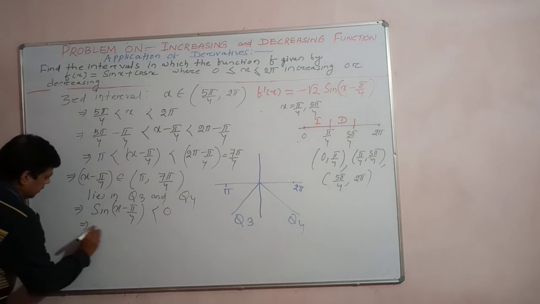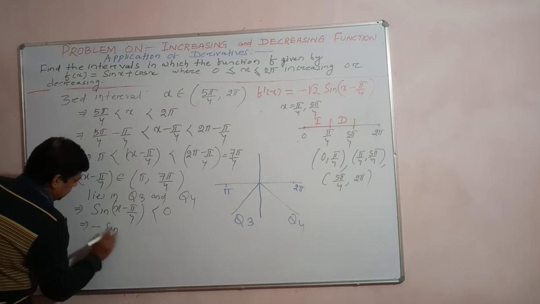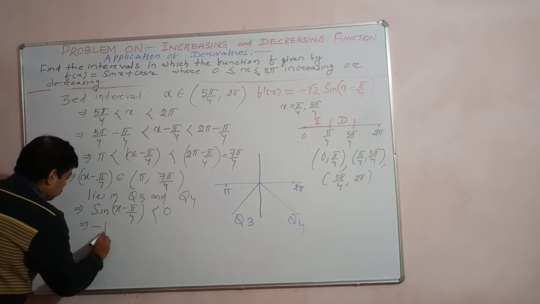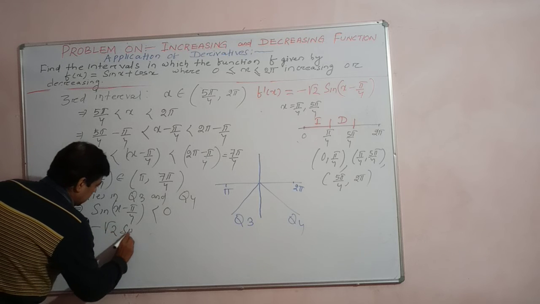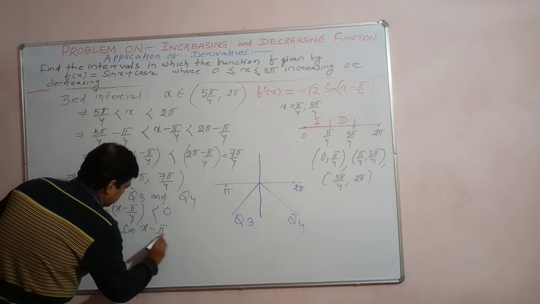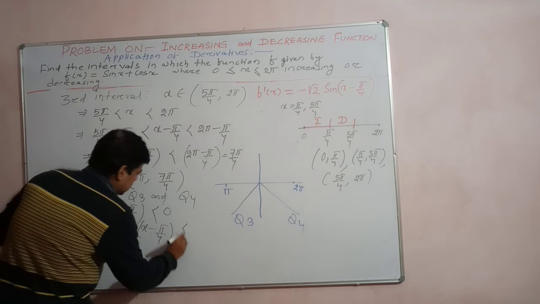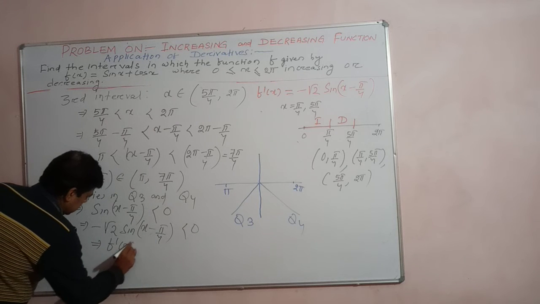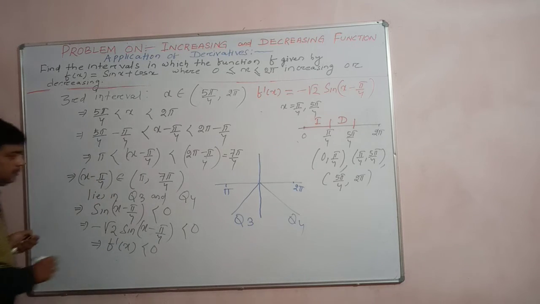That implies minus, what is the function f dash x? Minus root 2 multiplied by sin of x minus pi by 4. So minus root 2 sin of x minus pi by 4 is less than 0, and that implies f dash x is less than 0.